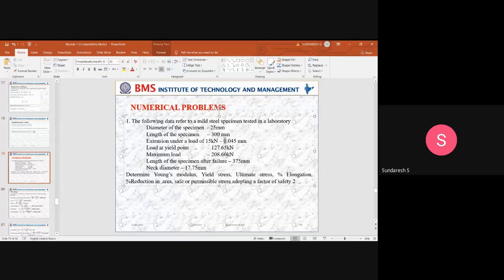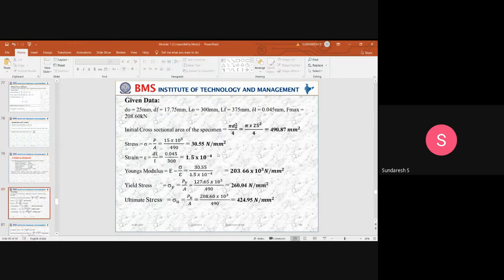To calculate strain, we require the deformation or extension, which is given as 0.045. So 0.045 divided by its original length, 300, you are going to get 1.4 into 10 power minus 4.